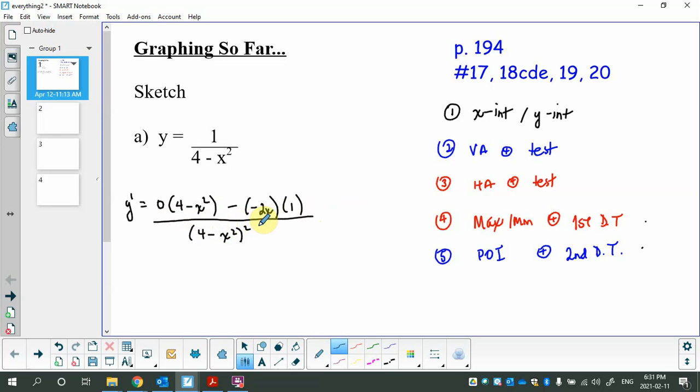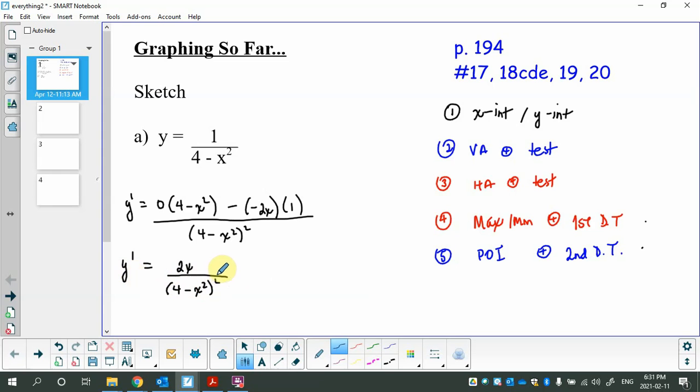And if you didn't already know why you had to multiply this out and make it look pretty, now is why, because you're eventually going to have to take the second derivative. So 0 times anything is 0, so I'm not going to write that down. Negative negative makes a positive 2x in this case. All of that over 4 minus x squared, all squared.